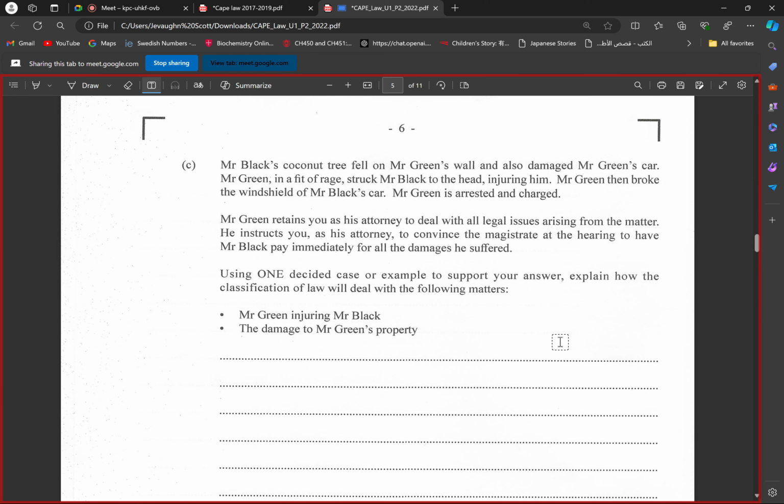So the tree fell down causing damage of property, and then in a fit of rage he attacked him, and then we're looking at how we can allow for some legal redress. So Mr. Green retains you as the attorney. All you have to do is instruct him, assist him on all the different issues of the case. Give him some rules.